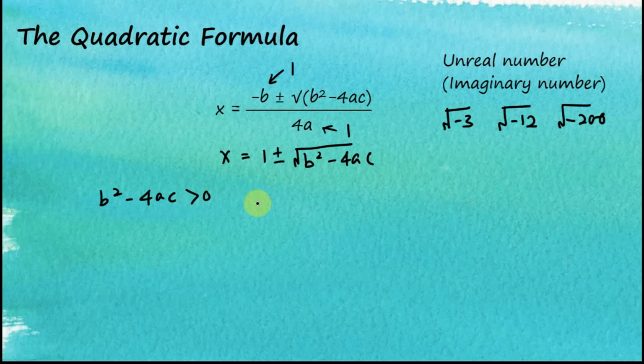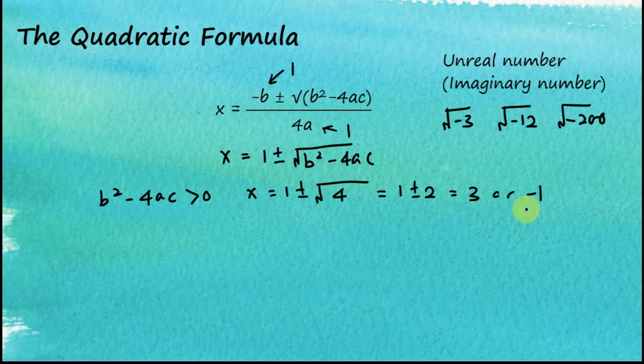If b squared minus 4ac is greater than 0, what will be our roots? So x is equal to 1 plus minus the square root of 4, which is 2. So this becomes 1 plus minus 2. 1 plus 2 is equal to 3, and 1 minus 2 equals negative 1. So the roots are 3 or negative 1.